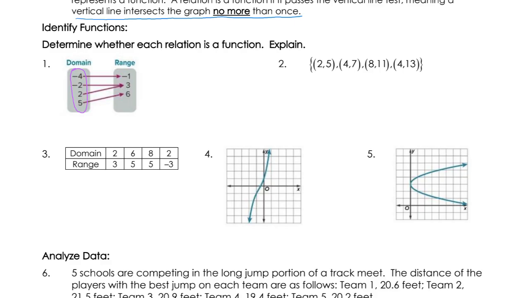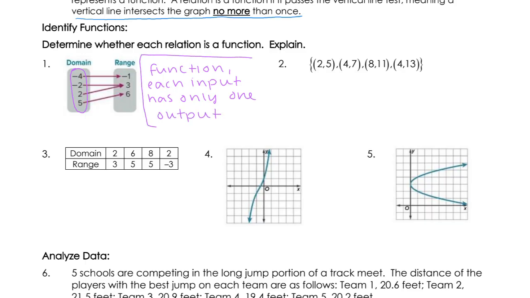So therefore, we can say that this is a function. Each input has only one output. That's what makes it a function, that none of the inputs repeat. So each of the inputs has one distinguished output.